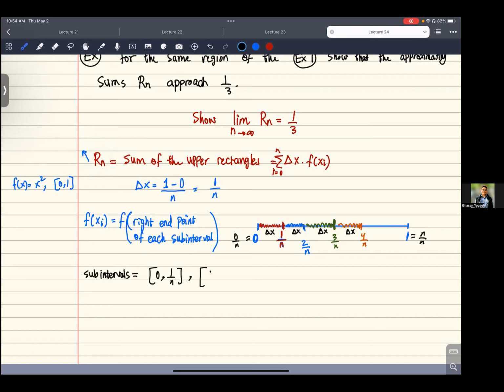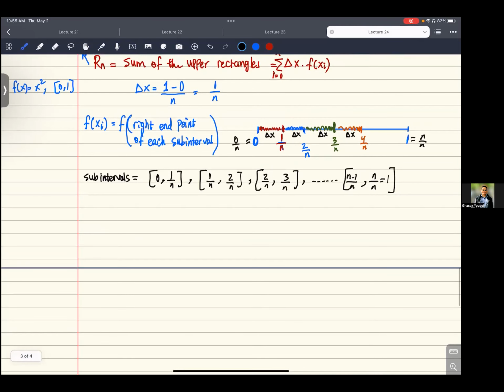Second one, 1 over n to 2 over n. Third one, 2 over n up to 3 over n. And so on. Up to where? Up to n over n here, and here is n minus 1 over n, and this is the same as 1. Okay?